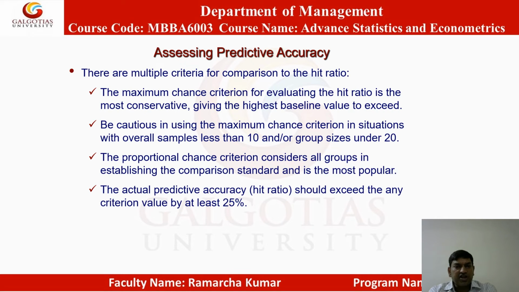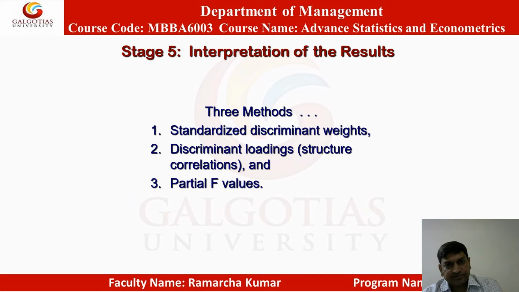The proportional chance criteria considers all groups in establishing the comparison standard and is the most popular. The actual predictive accuracy hit ratio should exceed any criteria value by at least 25%.